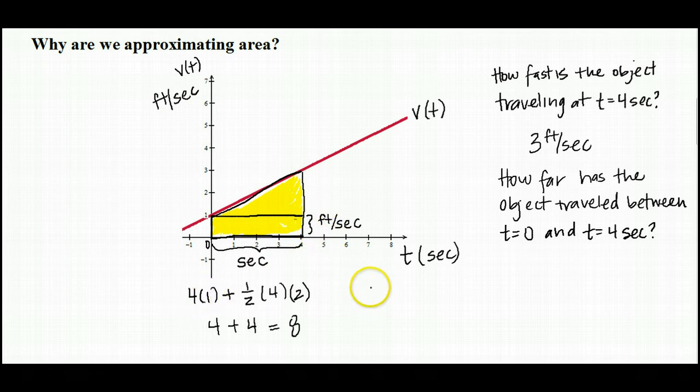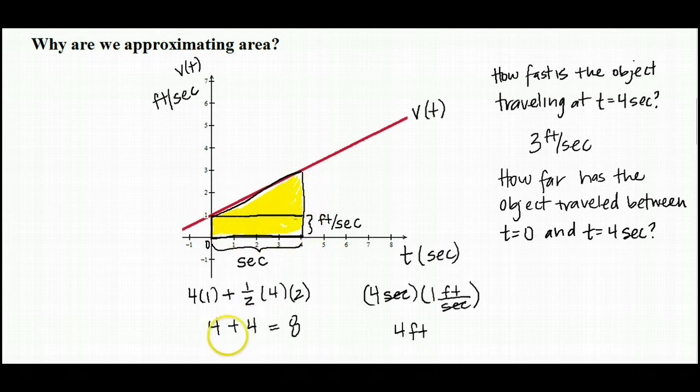But just to pull it off to the side for a second, if I do a base of 4 seconds times a height of 1 foot per second, and include the units, I would multiply the numbers, so I would still end up with 4, but look what happens to my units. Seconds cancels. So I end up with units of a measurement of distance, in feet. That's not unique to just the rectangle, it applies to the entire geometric shape.